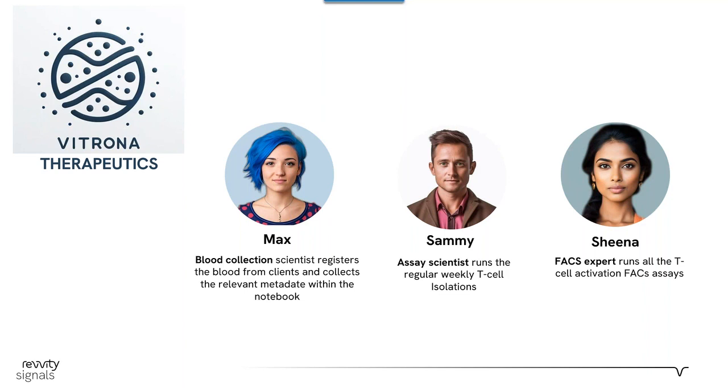And there are 3 or 4 work streams and data sets being produced, and in this case, highly dependent. So without Max's blood collection, Sammy can't do the T cell isolations and so forth. And the ability for your teams, or in this example, for the teams within Vitrona to be effective is a key metric for drug discovery success.